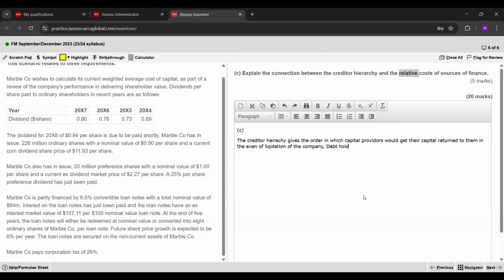Debt holders are at the top of the credit hierarchy, while equity holders are at the bottom.